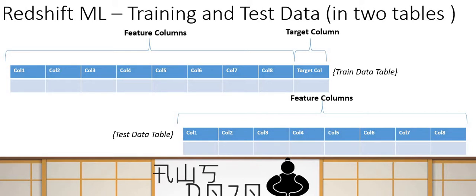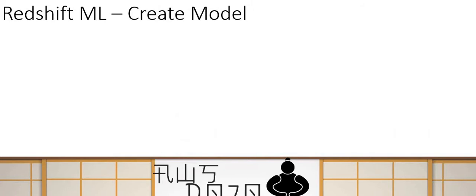Okay, so having understood that, how do I create the model? To be honest, you have your training data, you have your test data, you're creating your IAM role, launching a Redshift cluster, all is good, but the real meat or the real thing starts when you create the model. So let's try to understand how you create the model.